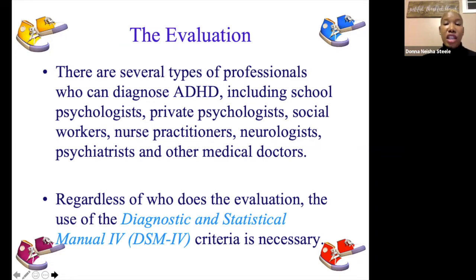So ADHD can be a medical diagnosis, or it can be an educational diagnosis for the purpose of providing the child with instruction that meets his or her needs within the school. An educational diagnosis will suffice, as well as a medical diagnosis.